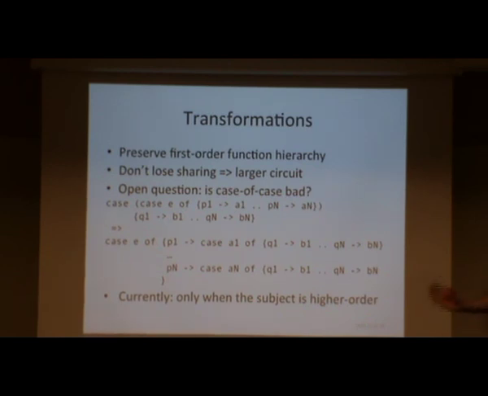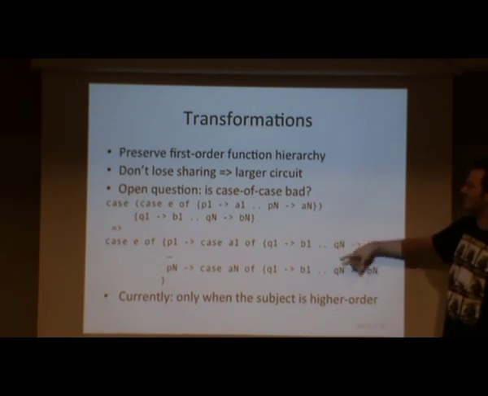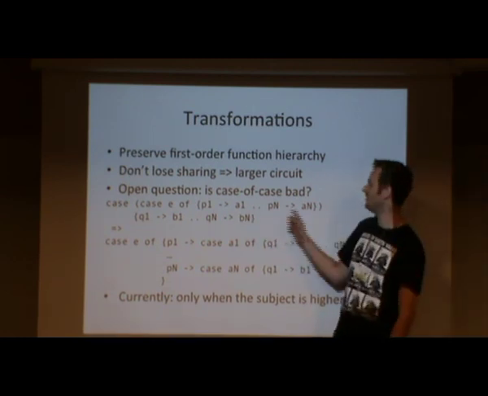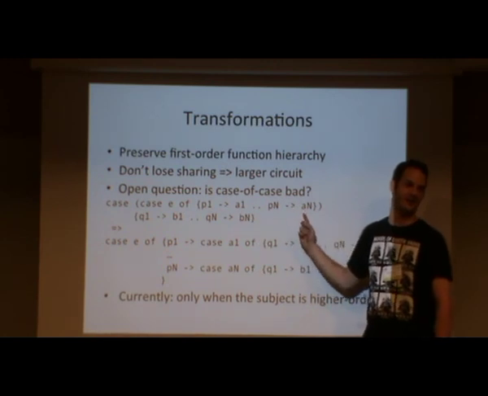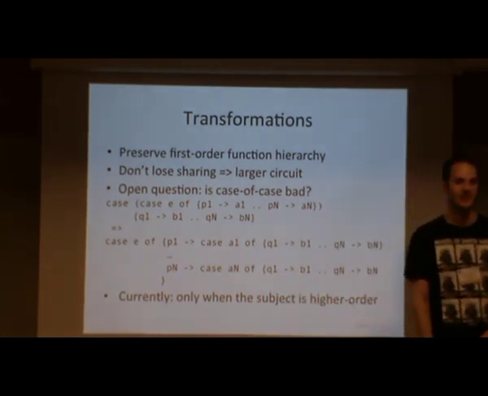So I still have to figure out if this is always bad, because currently I only do this transformation because I need to get rid of all the higher order functions. I only do case-to-case if these alternatives are higher order, so you can get rid of them.